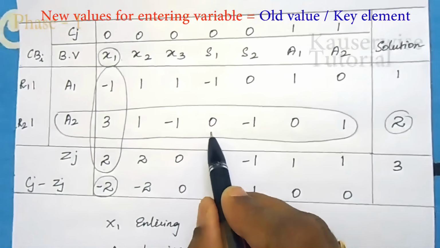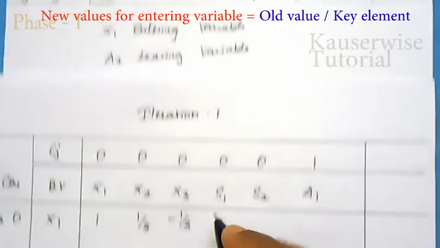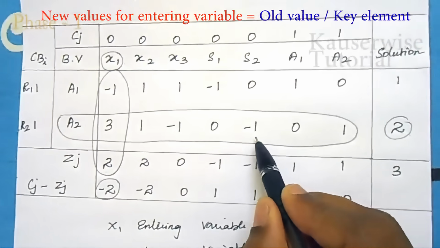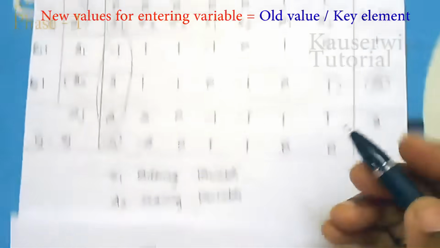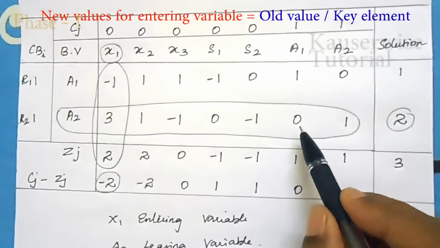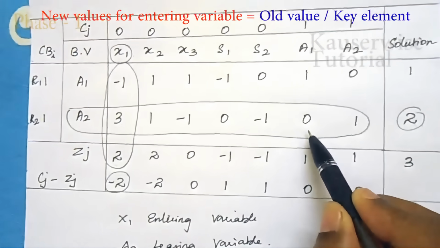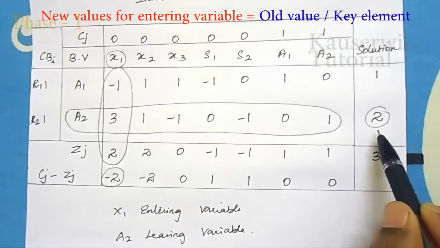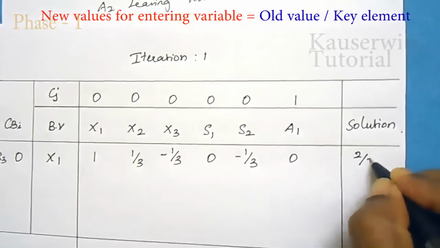Next value, 0 divided by 3, 0. Next one, minus 1 divided by 3, minus 1 by 3. Next one, 0 divided by 3, 0. For the solution, 2 divided by 3, 2 by 3.